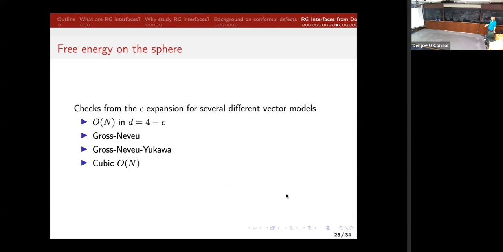And we can take the result that we used from the large N theory and perform some checks using the epsilon expansion for several different vector models. We can do that for the O(N) model, Gross-Neveu, Yukawa, and cubic O(N).